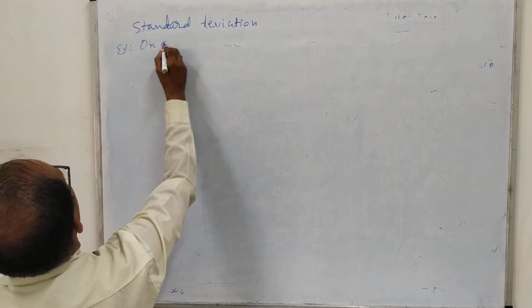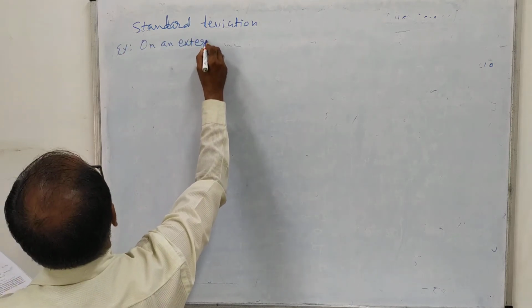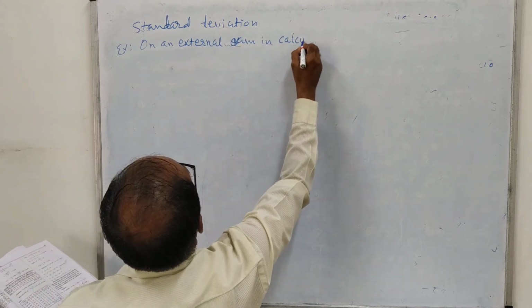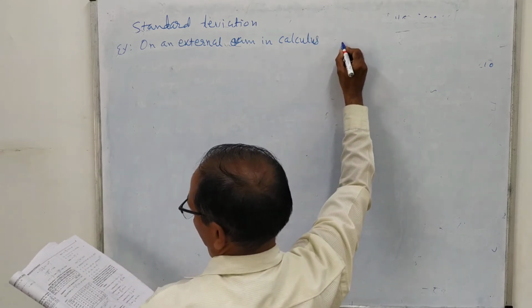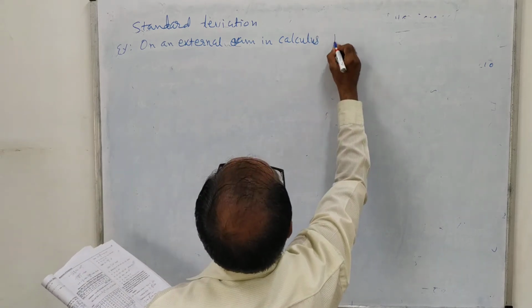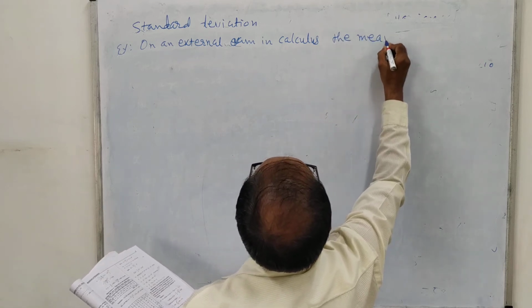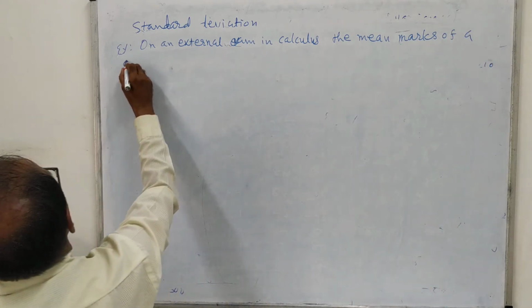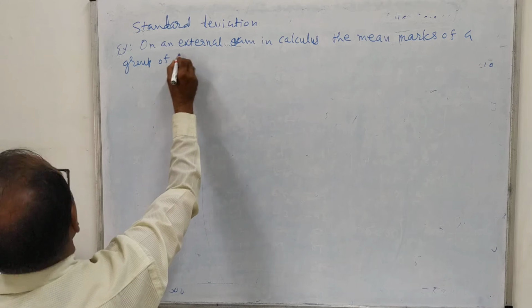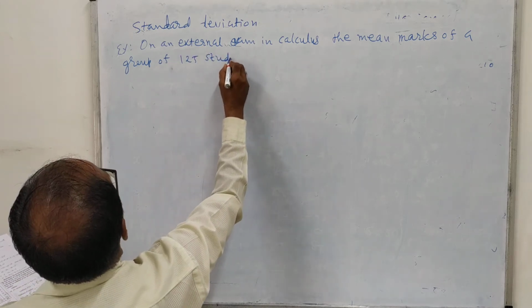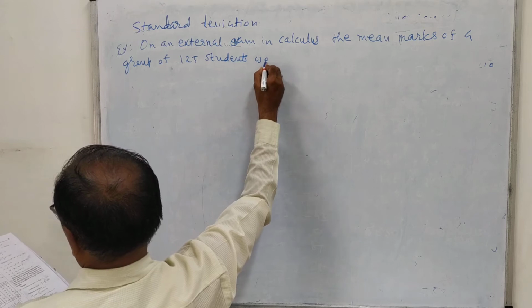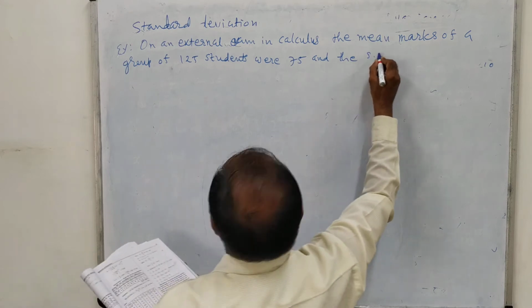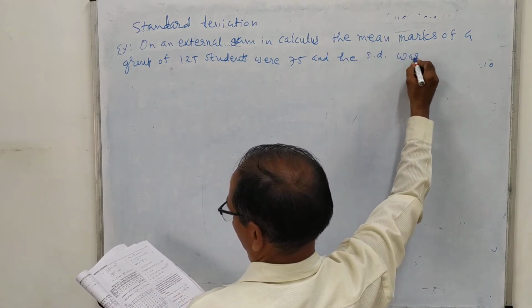On an external exam in calculus subject, the mean marks of a group of 125 students were 75, and the standard deviation was 6.